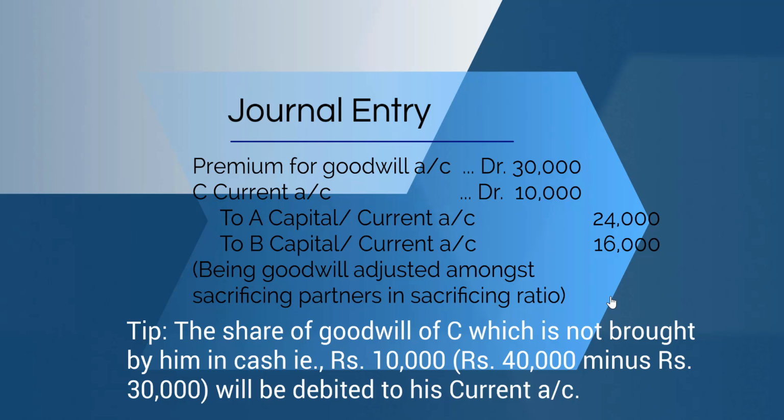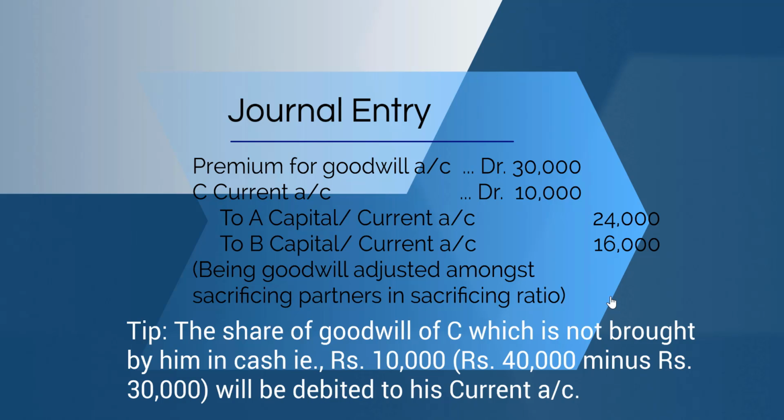So for the difference, the share of goodwill of C which is not brought by him in cash, in this case rupees 10,000, which is rupees 40,000 minus rupees 30,000, this amount of rupees 10,000 will be debited to his current account.